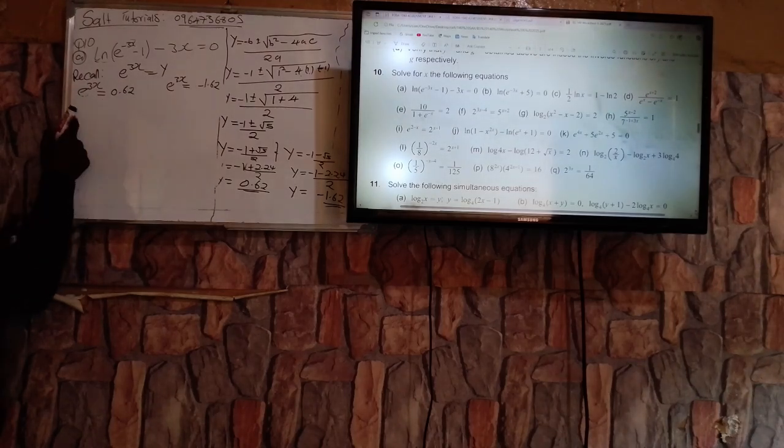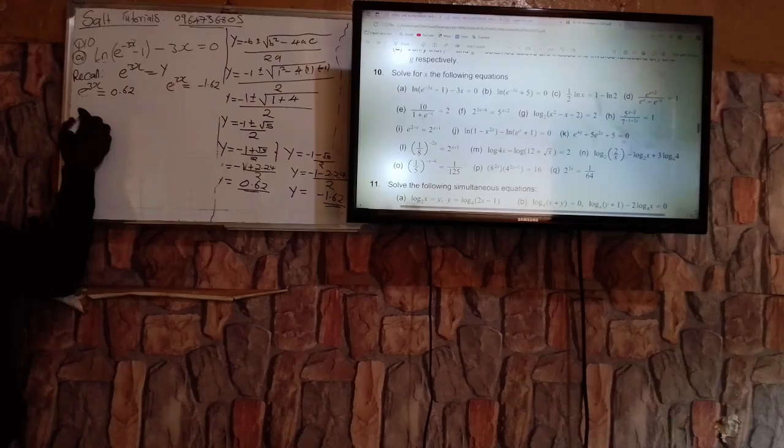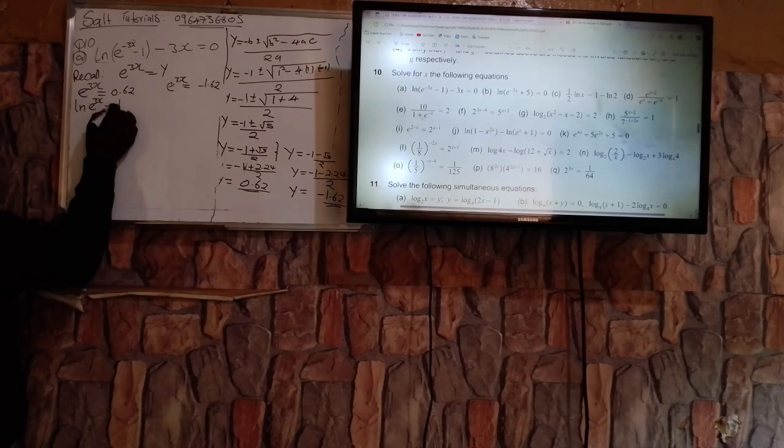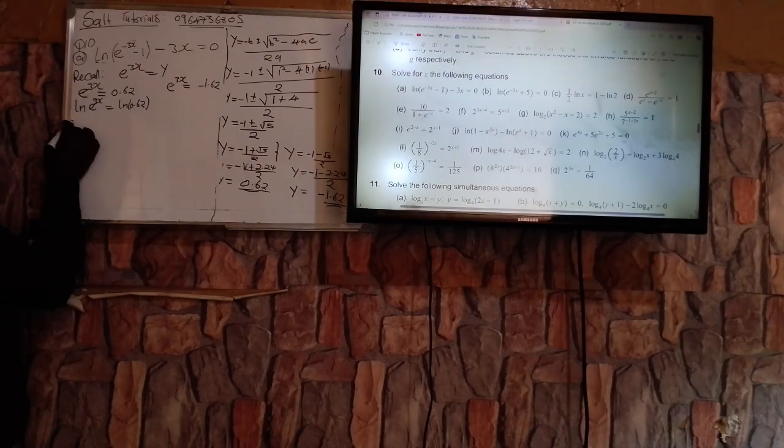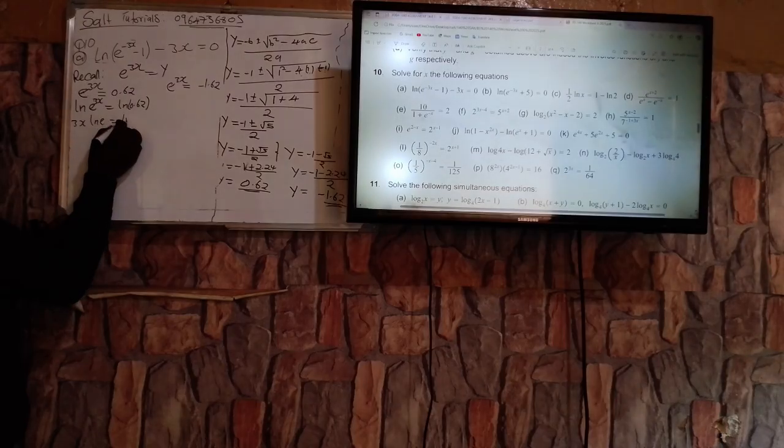So if we want to solve the value for x in this case now, since we are talking about e, we apply the natural log on both sides: natural log of e power 3x, the natural log of 0.62. From the power it drops down and becomes 3x, the natural log of e, equal to the natural log of 0.62.